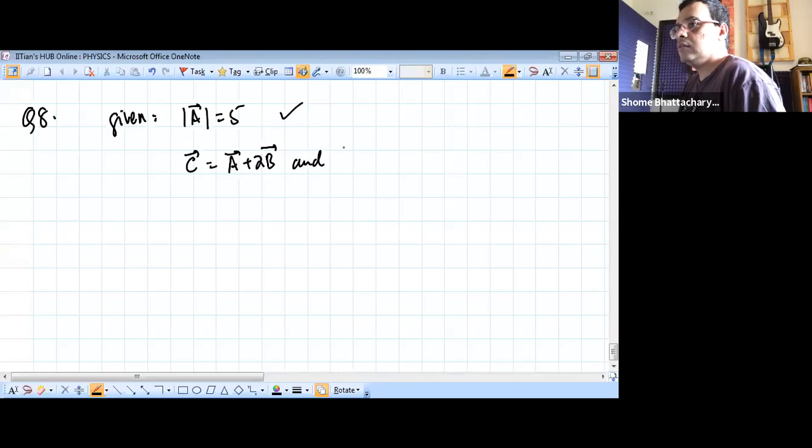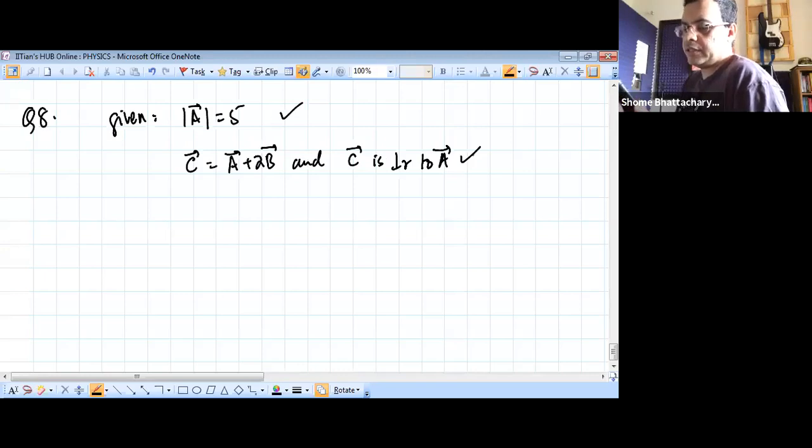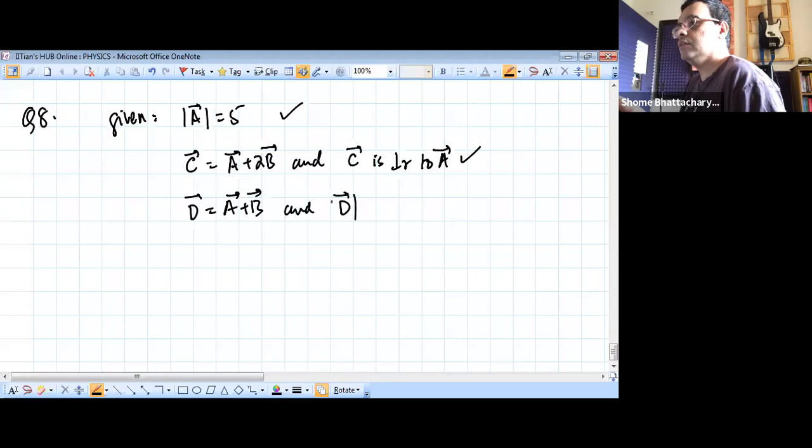And it is such that C is perpendicular to E. That's one more information given to us, that C is at 90 degrees to E, and also given to us that another vector D is equal to E plus B, and the information about D given is that the magnitude of D is equal to 5.